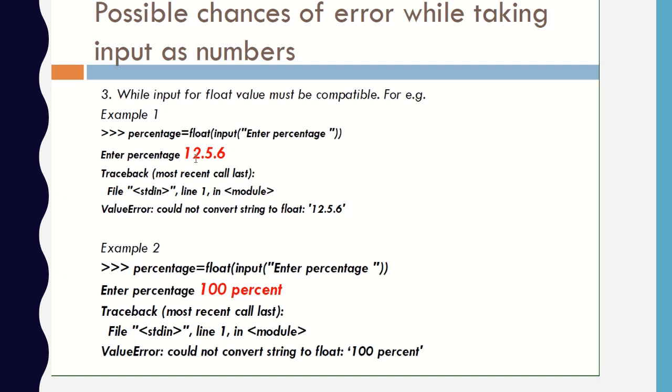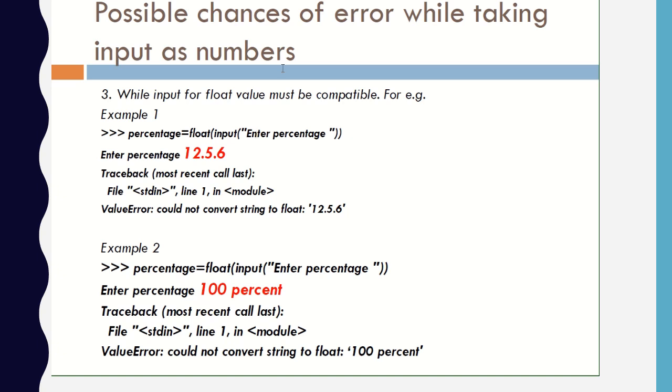It is not the proper format, so you have to give the input according to the function you are using. If you use the float function for getting input and write a string or integer type, you will automatically get an error.